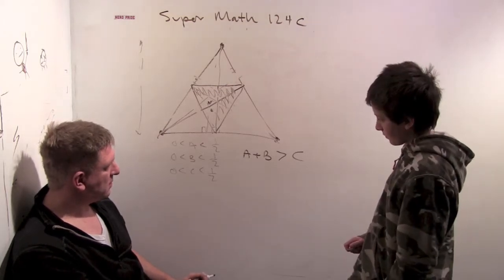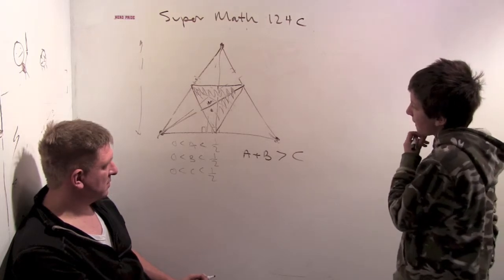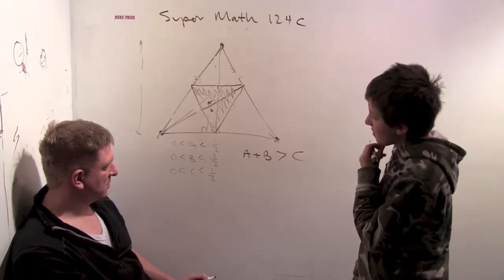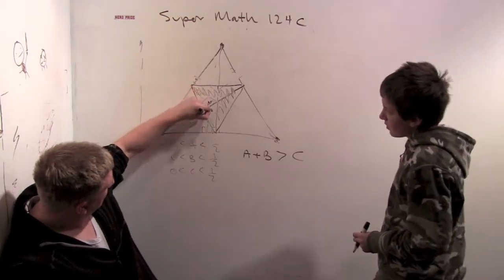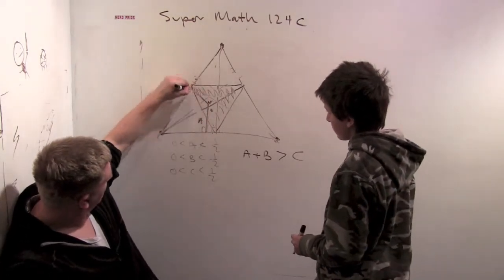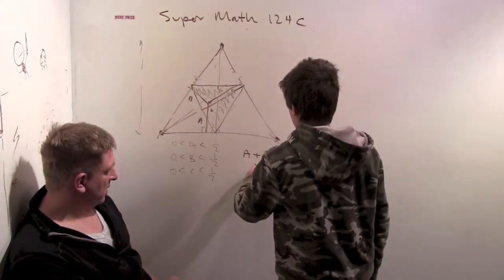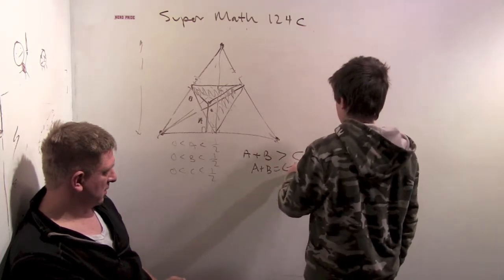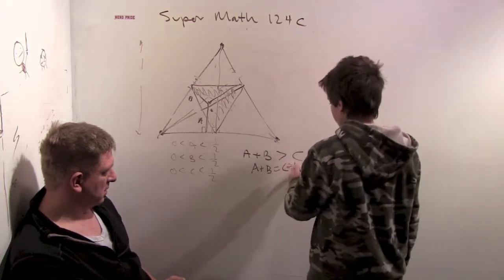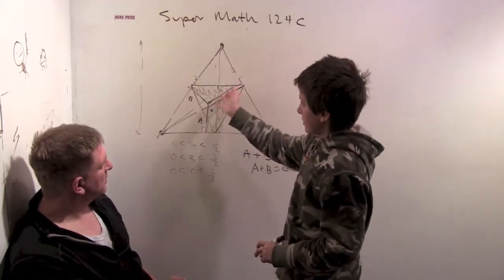Here's the height A, here's the height B, and here's the height C. I know that A plus B plus C is 1, so A plus B equals 1 minus C, because it's the entire height minus the C part.